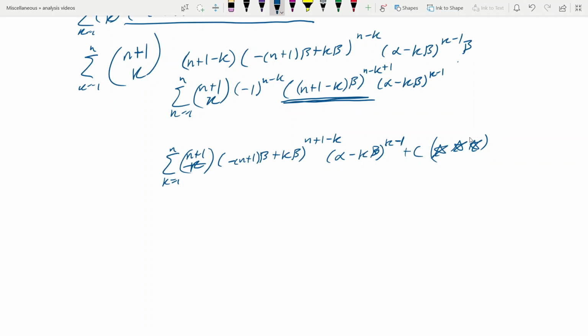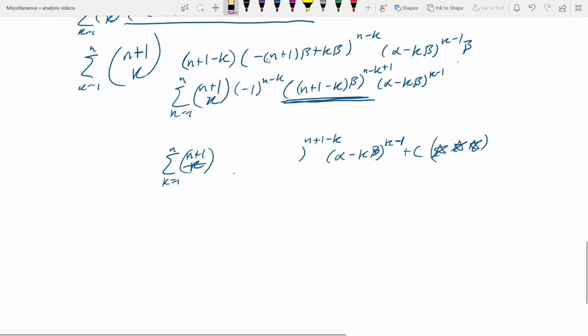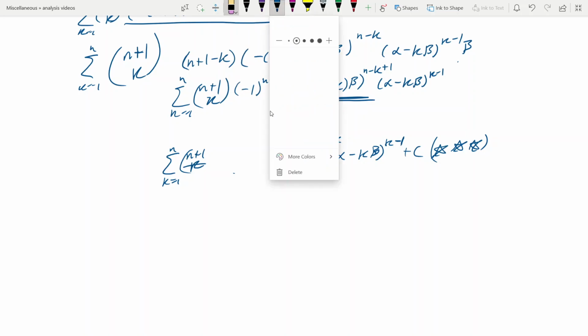Now I can also factor out the minus sign in this beta plus k beta term. So what we're going to get with that is just minus 1. Sorry, having technical difficulties.